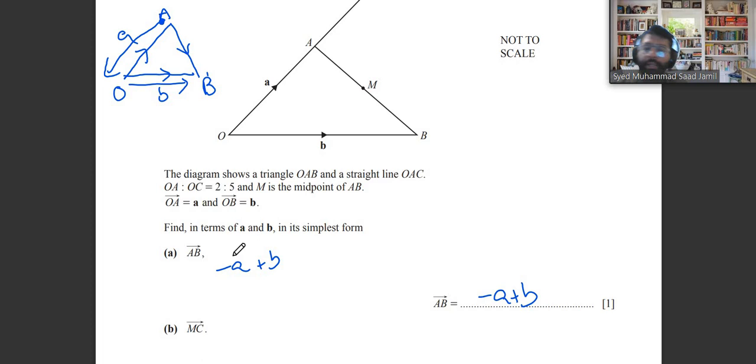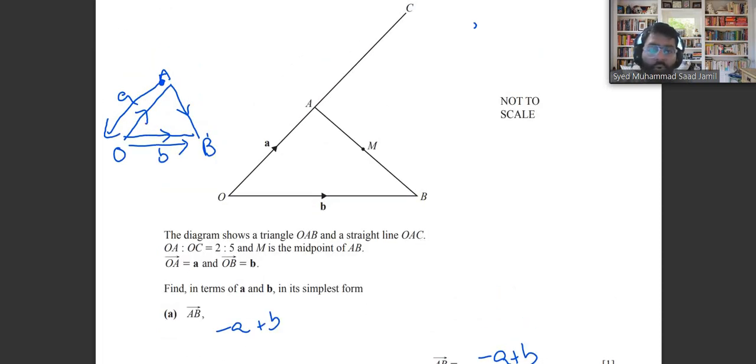Okay. Now guys, in order to understand MC, what you need to focus on is this line. OA is to OC. OA to OC is the ratio 2 is to 5. Now what does this actually mean? It actually means that this whole line OA is 2 is to 5.